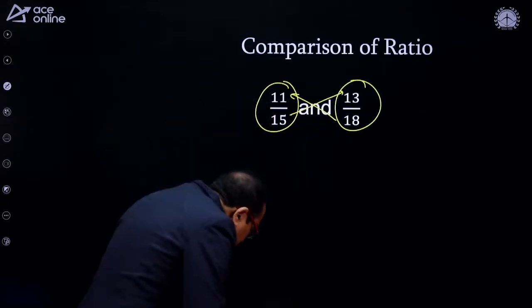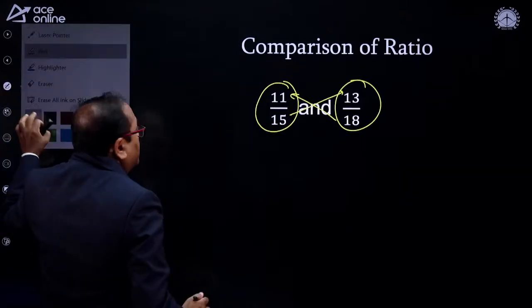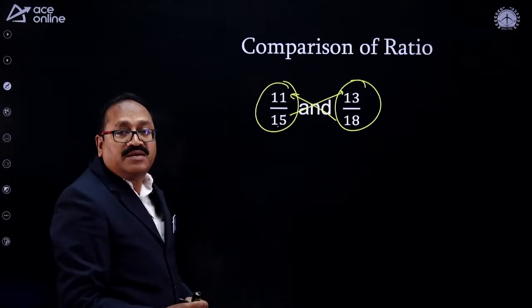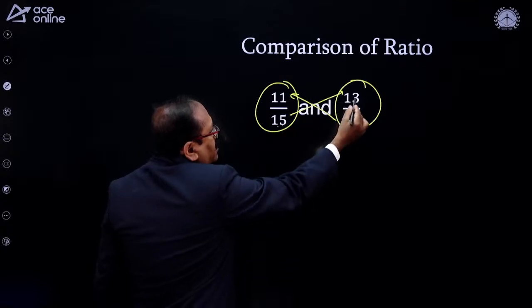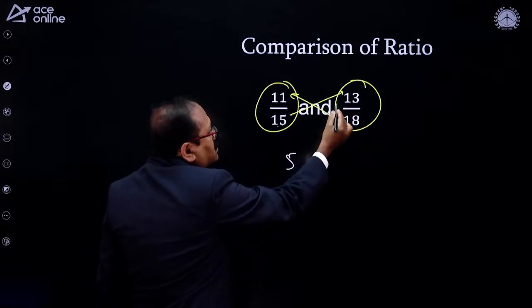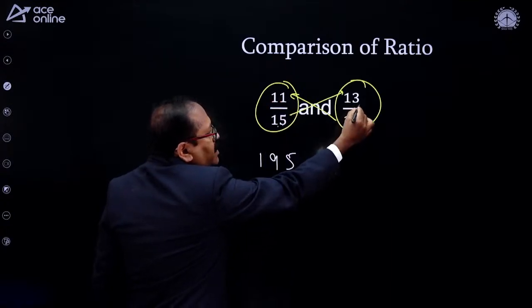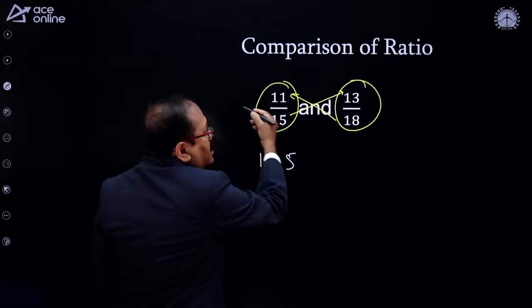So let me see if anyone can answer the question here. Anyone answering the question here? So when I multiply this 15 and 13, that is 5 times 3 is 15, carry 1, 16 plus 3, that is 19. So here my right hand side product is 195. What is my left hand side product?